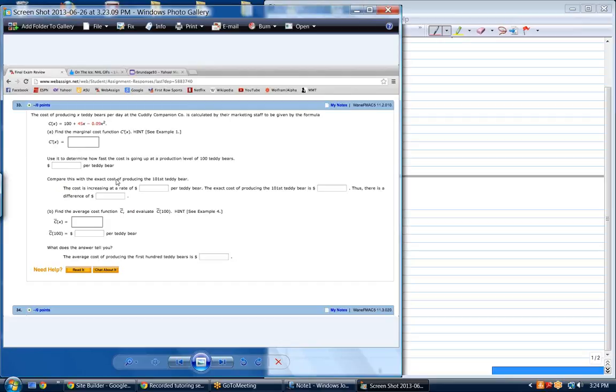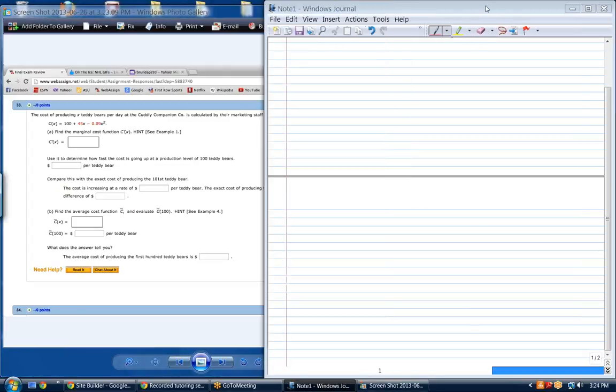That would be 45 minus 0.18x. So when they ask how fast the cost is going up at a production level of 100 teddy bears, that is basically asking what is C prime of 100?